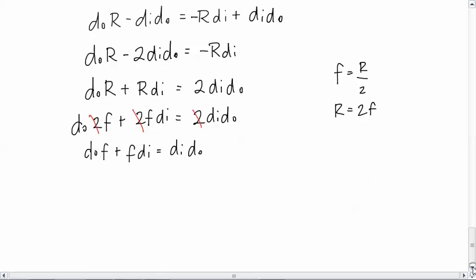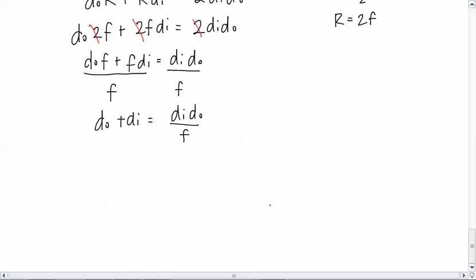Alright, so that doesn't look pretty, but it's getting there, I promise. Let's divide both sides by F. So then we'll have DO plus DI is equal to DIDO over F. Now I'm going to divide both sides by DIDO.